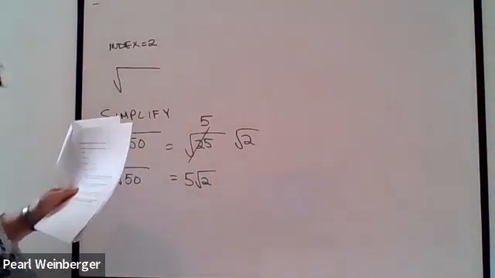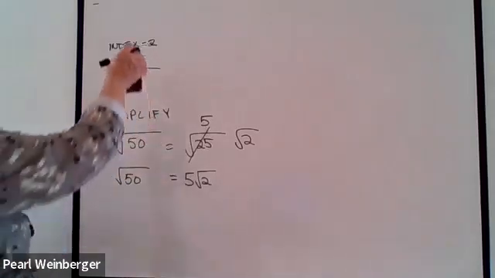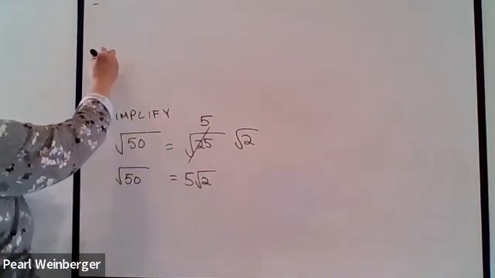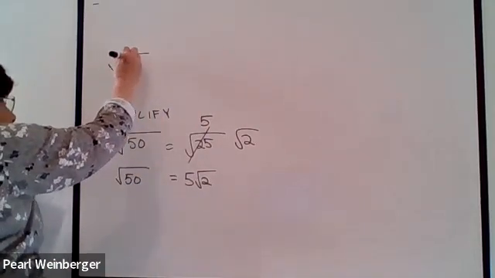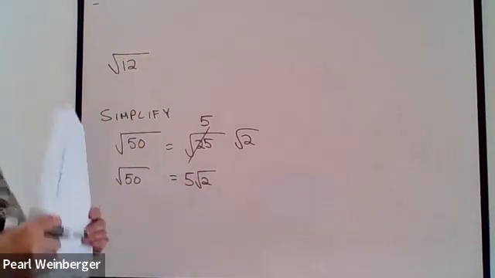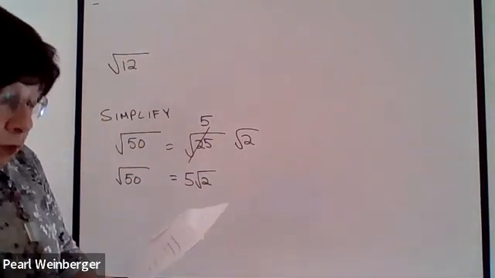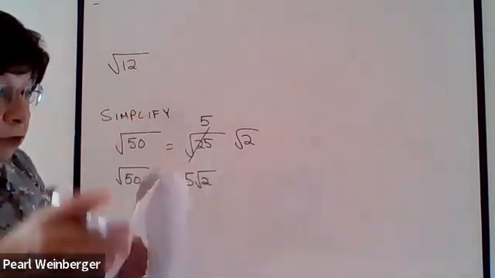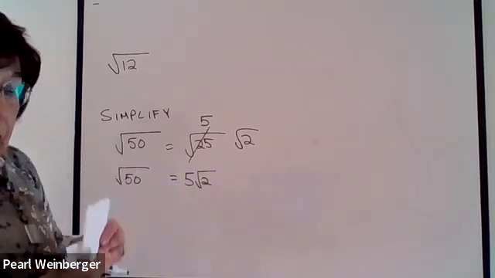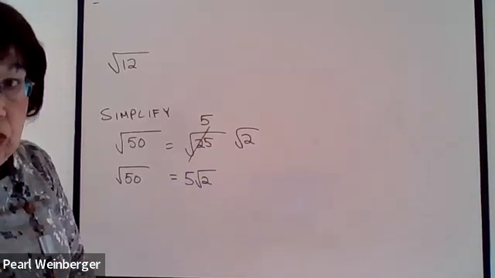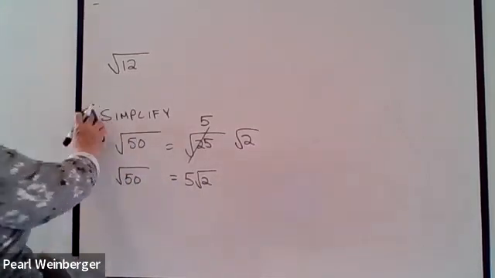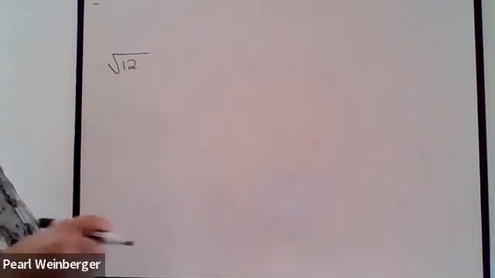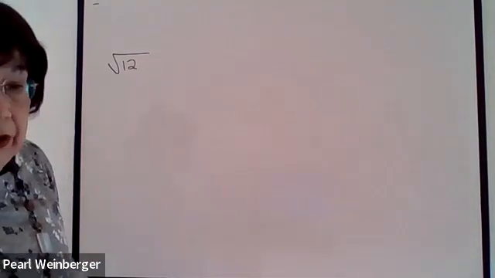So let's see if you could simplify this number. Suppose I gave you the square root of 12. Now, remember, 12 is not a perfect square. So we want to break up the number. I'm going to do a few of these together with you. We're going to break this up into 2 numbers, one of which has to be a perfect square.